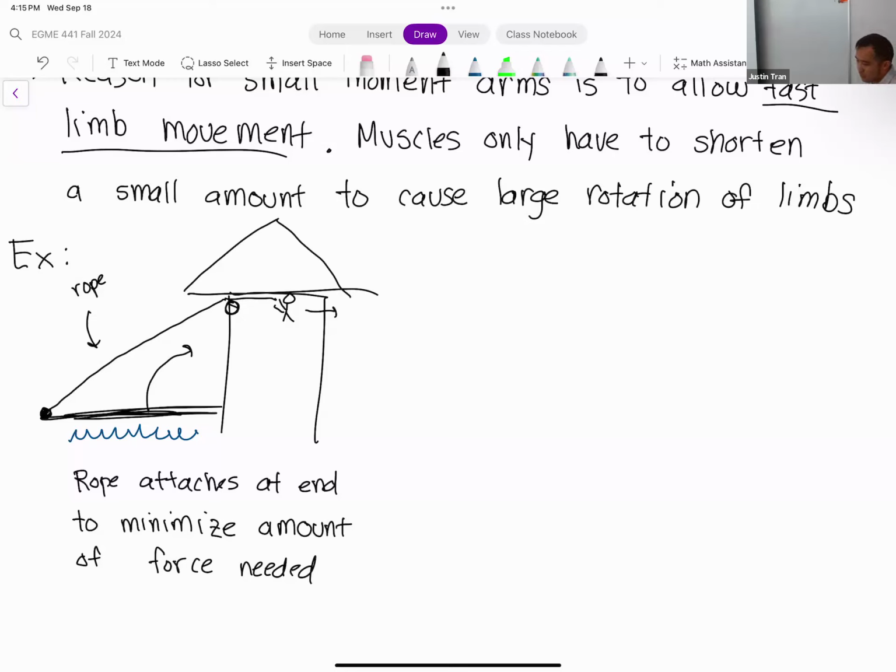Because if we go ahead and draw a free body diagram here, with the drawbridge out here, the main force that the drawstring has to oppose is the weight of the drawbridge itself.